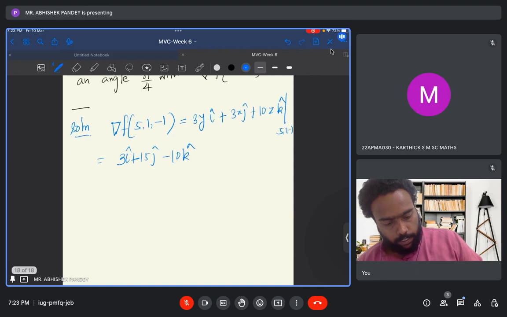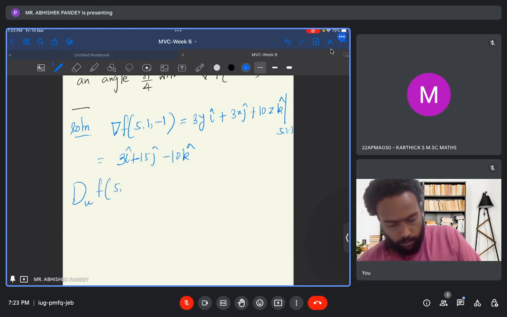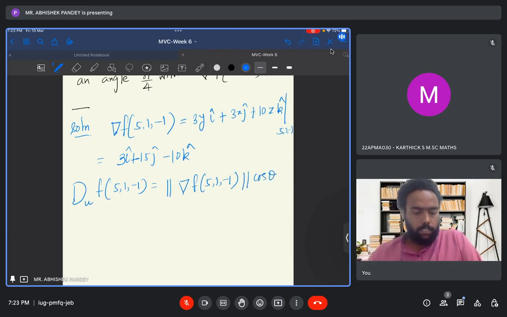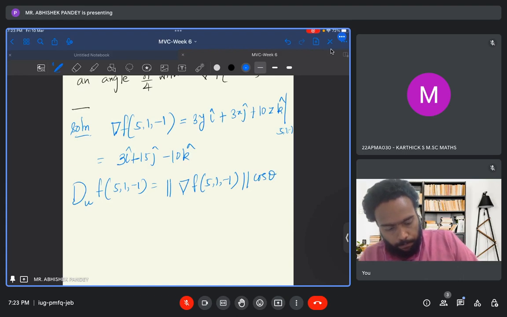Okay, so the directional derivative, we already know that the directional derivative in the direction u at the point is nothing but the norm of the gradient at 5, 1 and minus 1 into cos theta. Okay, so this theta is the angle. So now the norm of this will be root over 9 plus 225 plus 100 into cos theta.